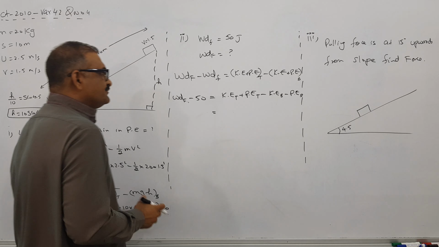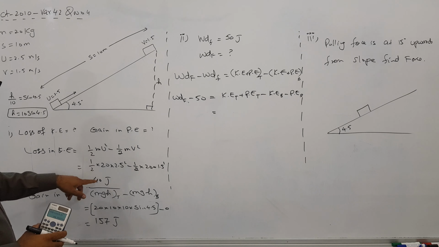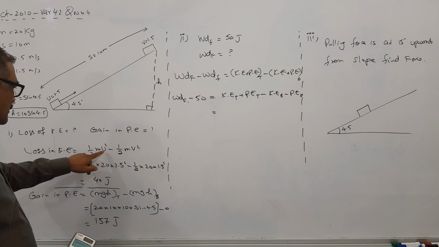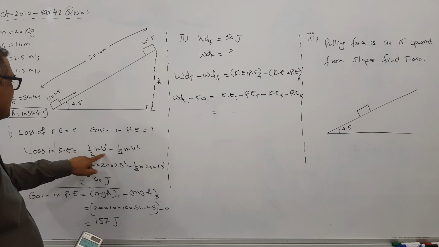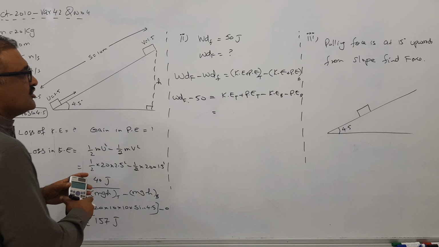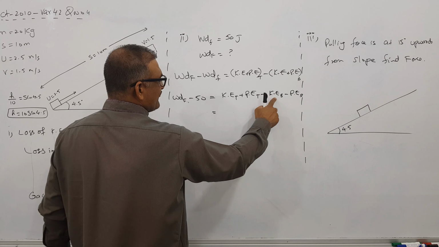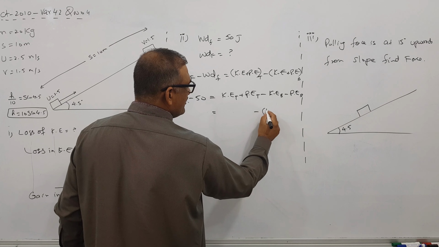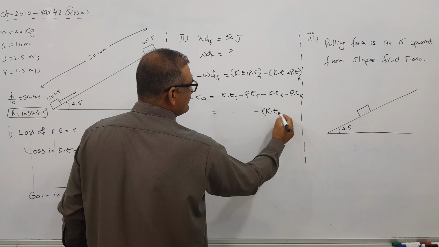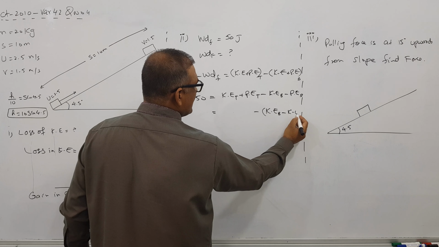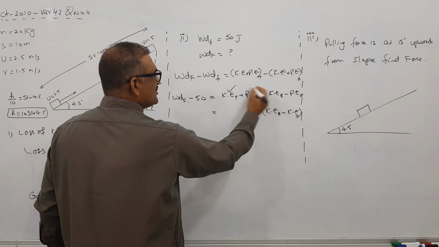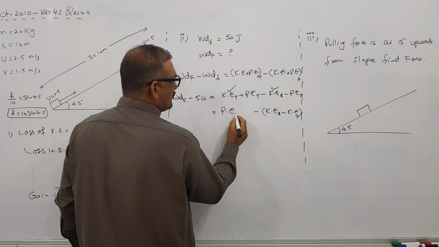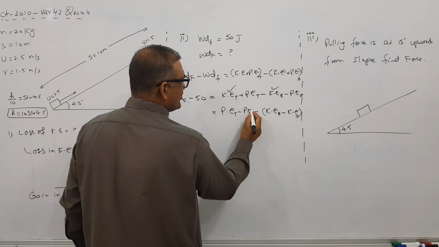You can see here, u is actually the kinetic energy at the bottom, so I need the bottom one before. If I take the negative common from here, it is kinetic energy at the bottom minus kinetic energy at the top. From the other part, nothing to take, simply potential energy at the top minus potential energy at the bottom.